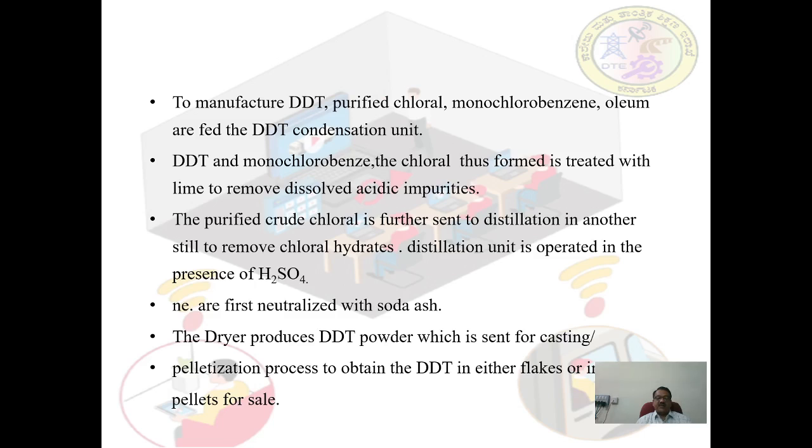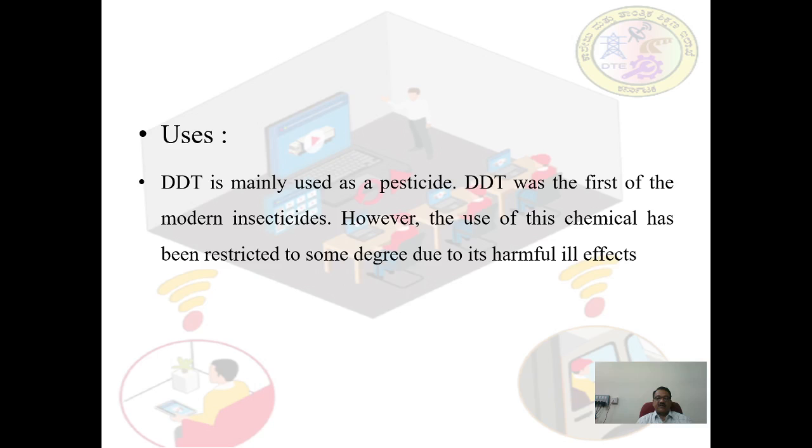The dryer produces DDT powder, which is sent to casting or pelletization process to obtain DDT in the form of flakes or in pellets for sale. The applications of DDT. DDT is mainly used as a pesticide.